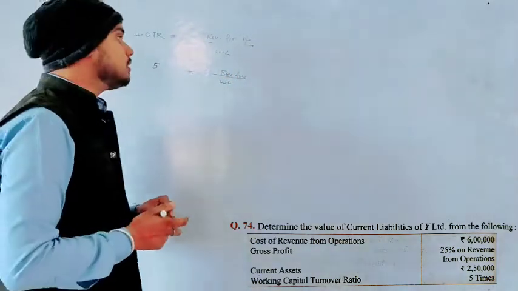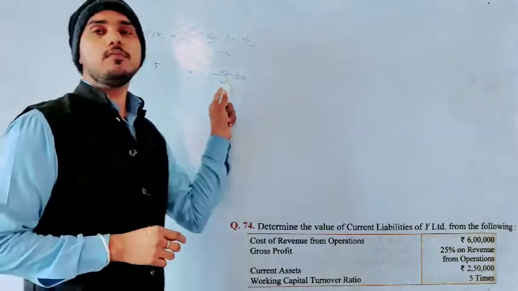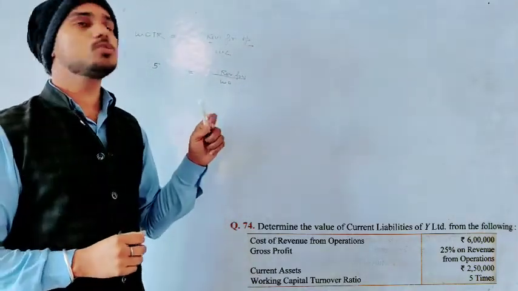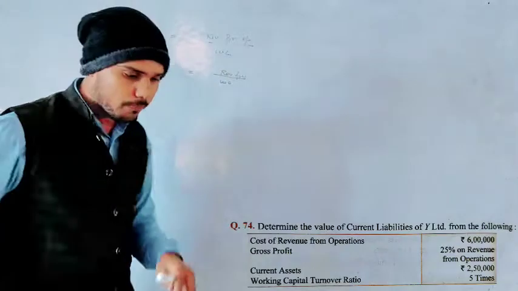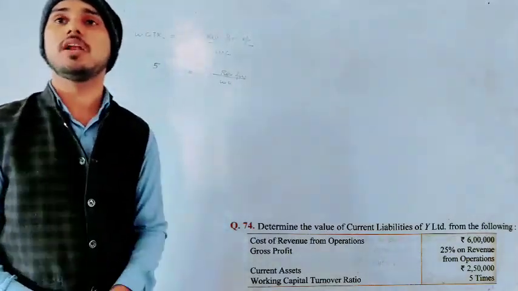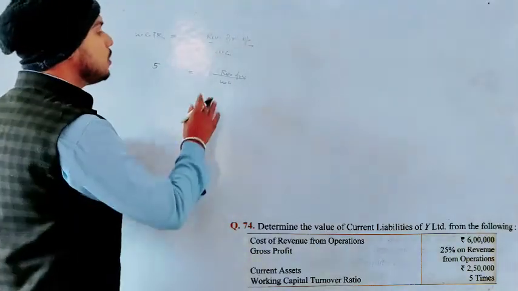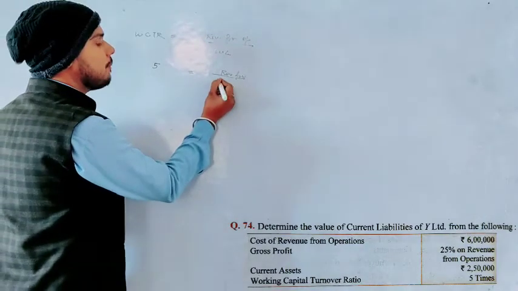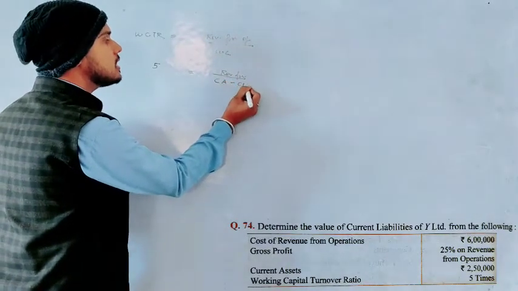No confusion? In the working capital formula there is current asset and current liability. If we get to know revenue from operation, and current asset is already given, we can write, instead of working capital, CA minus CL.